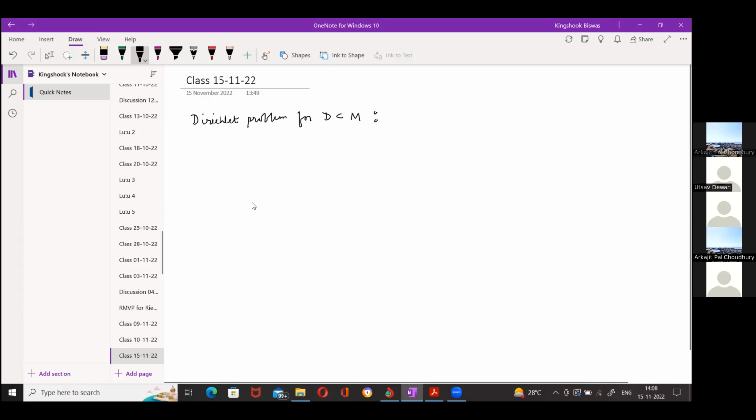So step one is to solve the Dirichlet problem for Poisson's equation, okay, for the Euclidean Laplacian in the unit ball.